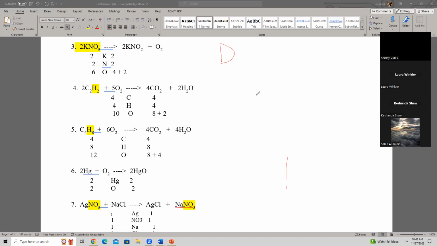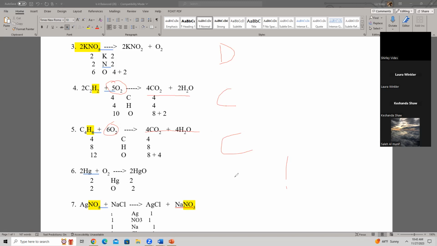Double replacement. No. But remember, this is the key to this one: the O2. Oh, that's combustion. That's correct. Both of these are. And you notice the products are exactly the same, carbon dioxide and water in different amounts, but it's the same product.